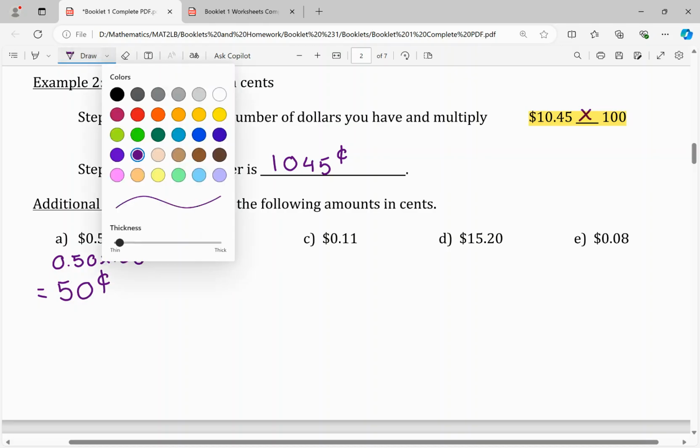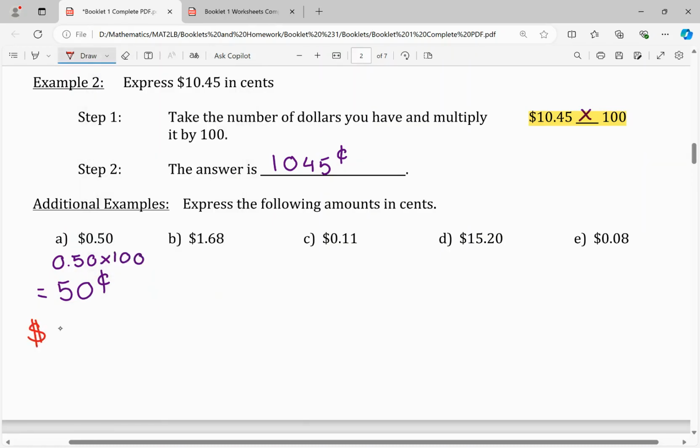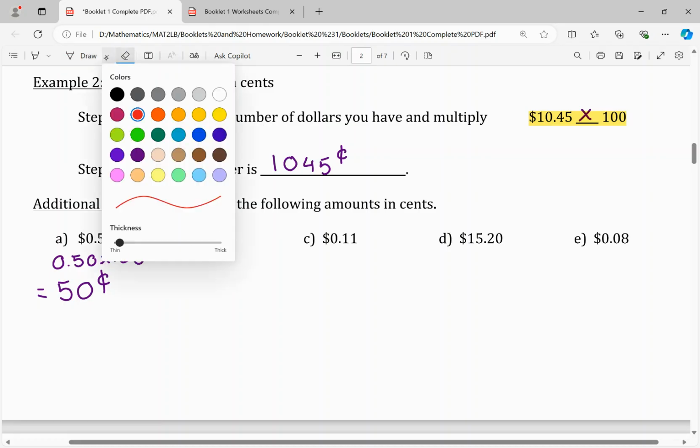And again, we're not changing anything, right? Just a reminder that all we're doing here is finding two ways to write the same thing. These two statements are identical, but you need to know how to do both. Example B, change $1.68 into cents.